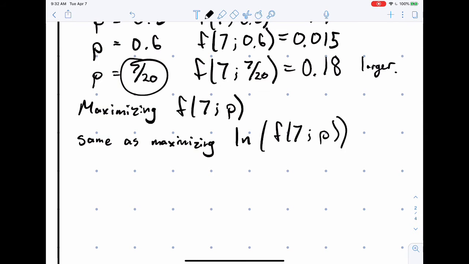So taking the logarithm and maximizing it. And the reason that is the case is because a logarithm is a strictly increasing function on the interval from 0 to infinity. So we can take the log and maximize that, and that becomes easier because the products become sums with the log.